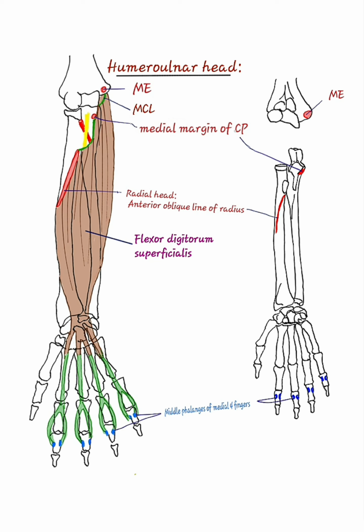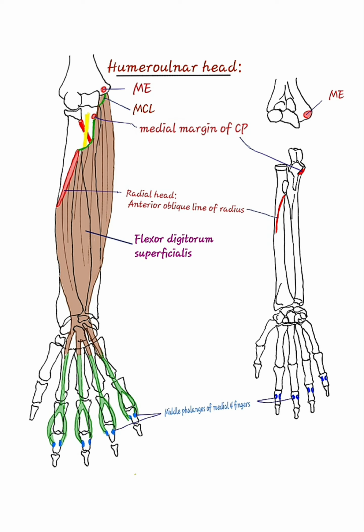Same as that of pronator teres, it also arises from medial margin of coronoid process. Medial collateral ligament is also known as ulnar collateral ligament.